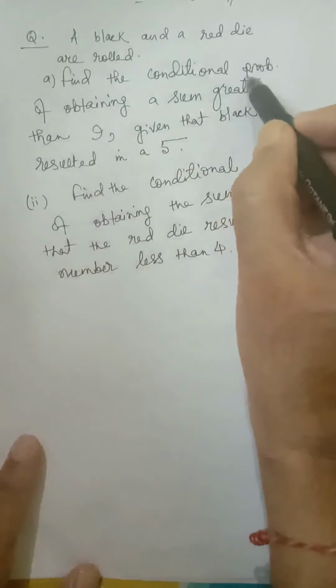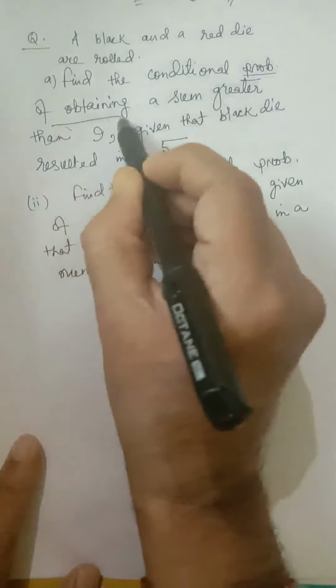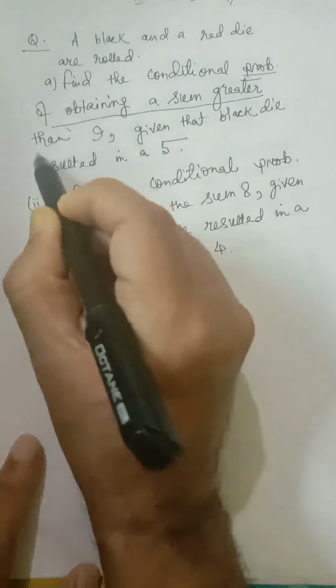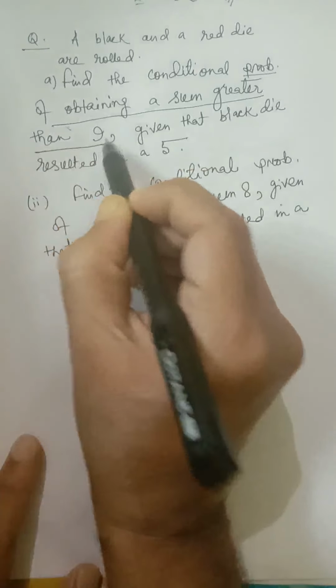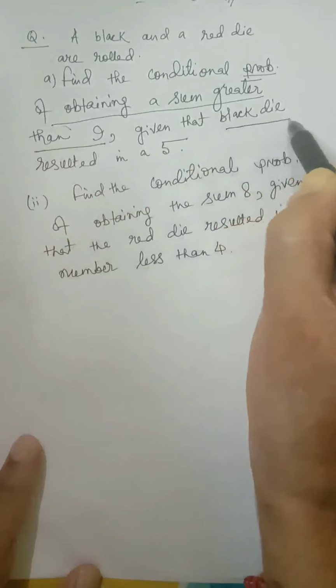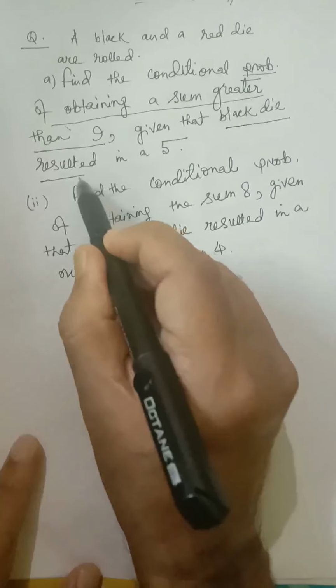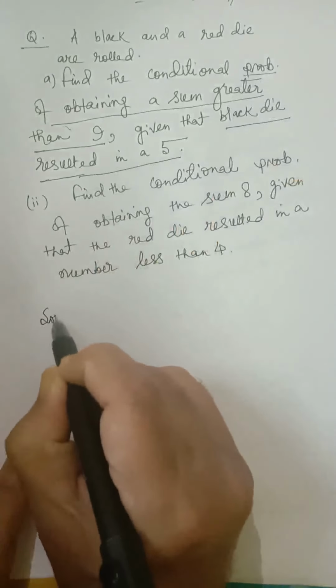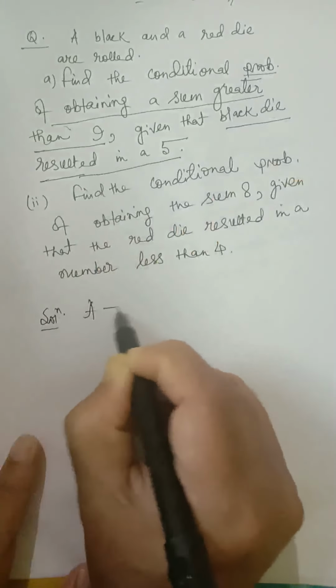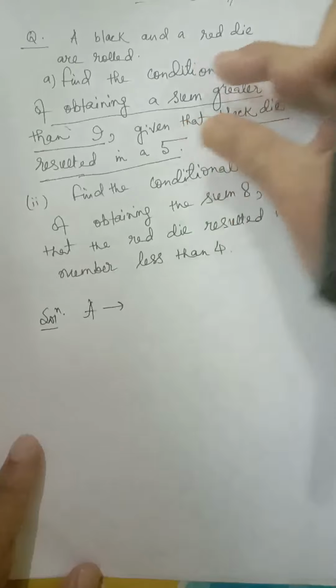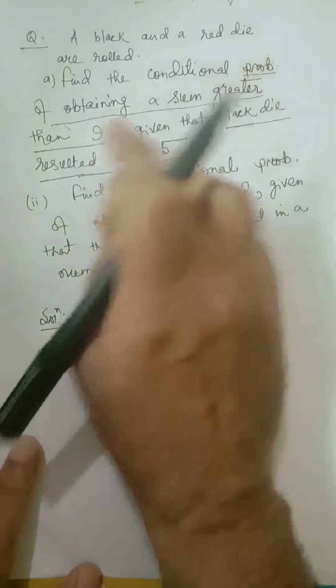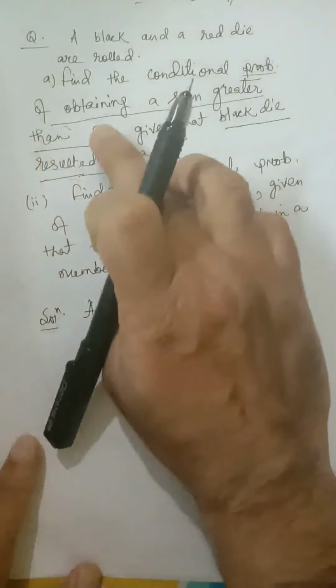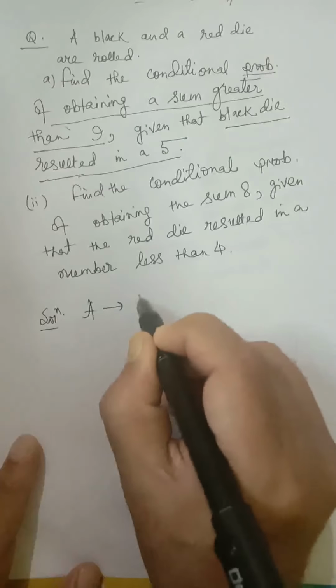So we have to find the probability of this, given that the black die, that means the first die, resulted in a 5. So one by one, first we will consider, let A be the event of getting a sum greater than 9.